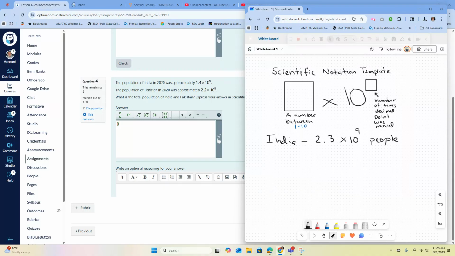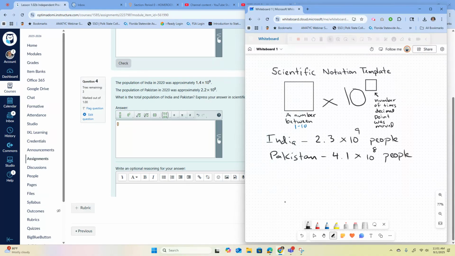And then the population of Pakistan is, again, I'm changing the numbers, but the process is done the same way, 4.1 times 10 to the 8th power people. Now, what they're asking you is, what is the total population of these two countries? How many people are there between the two countries together?